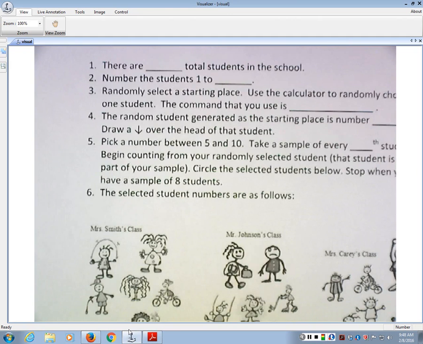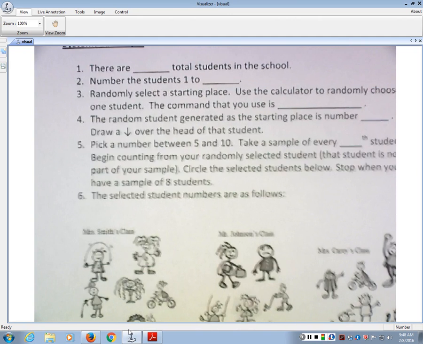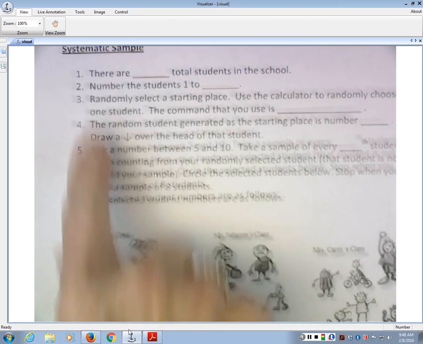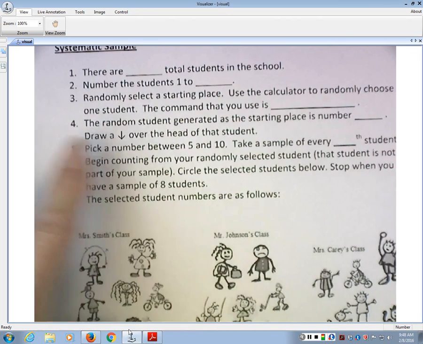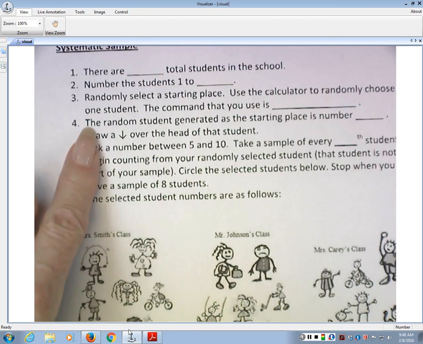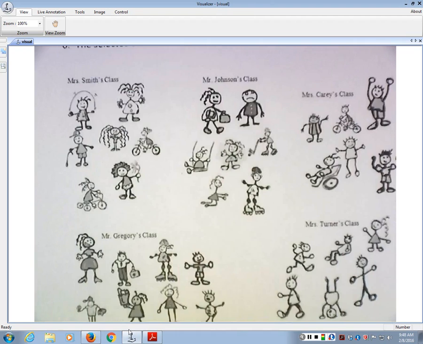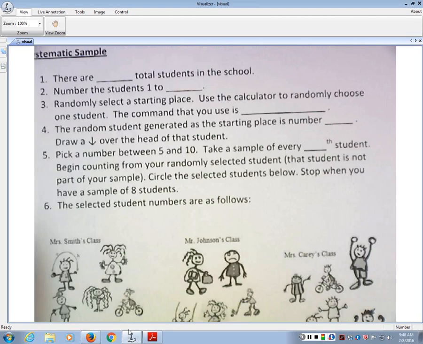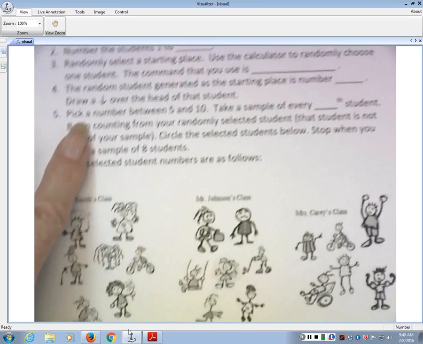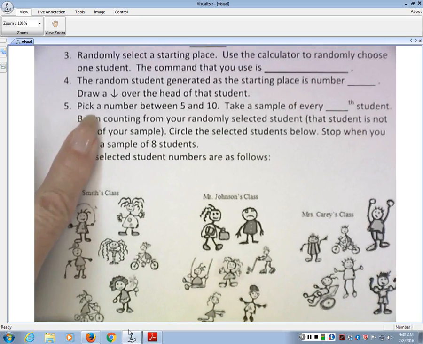Then we did a systematic sample where, knowing that there's 34 students, you numbered the students 1 through 34, and then you randomly had to select a starting place. So you use randint 1,34 to pick one of these kids to start with. And then randomly generated a number between 5 and 10.